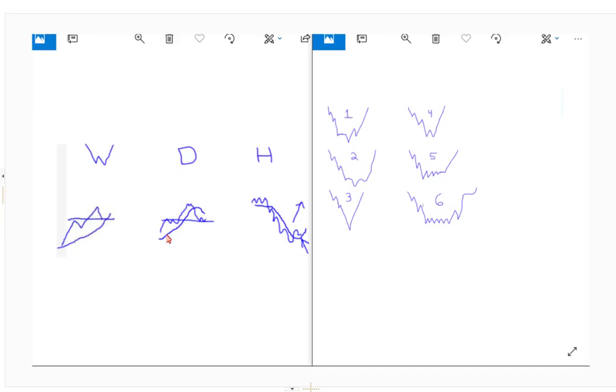Just as long as you can come up with a system that works with your personality and your trading style. There are so many different ways to do this, guys. So many different ways.